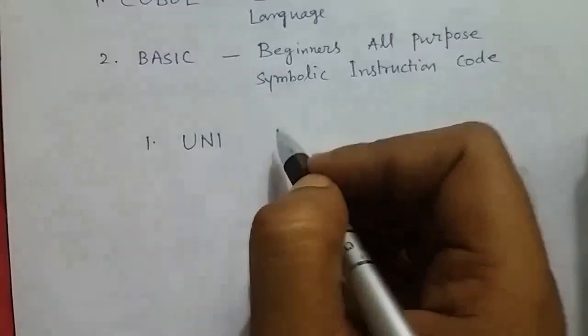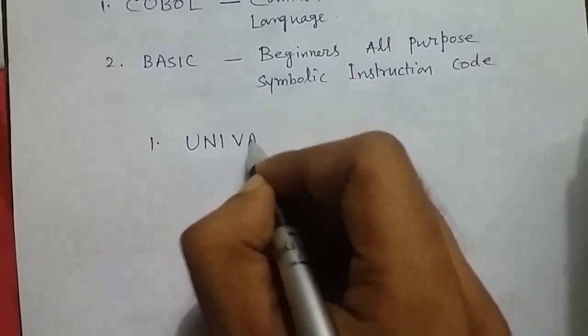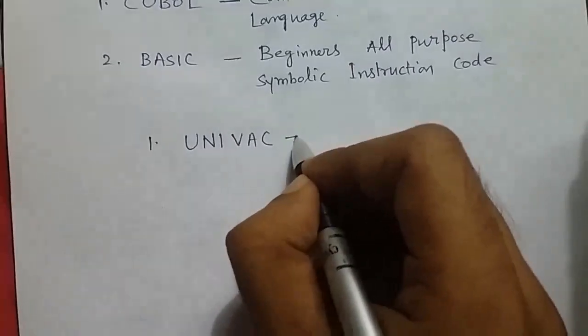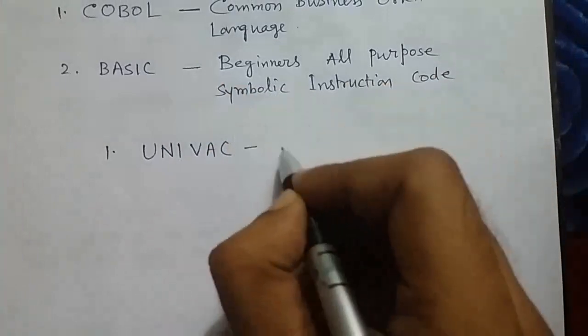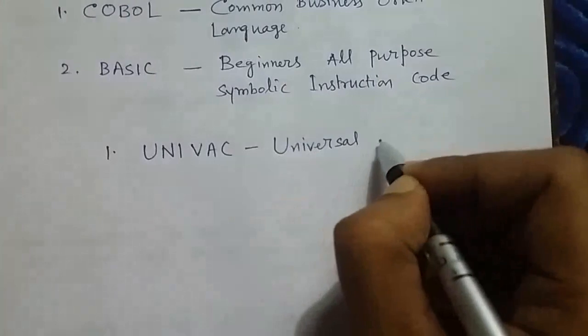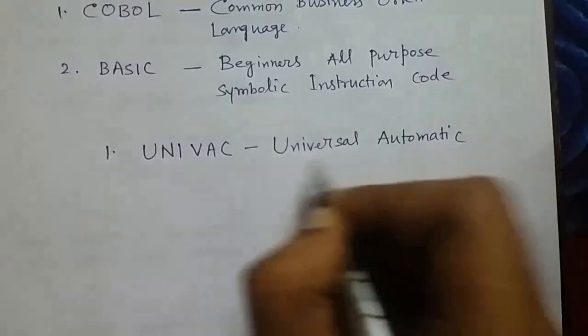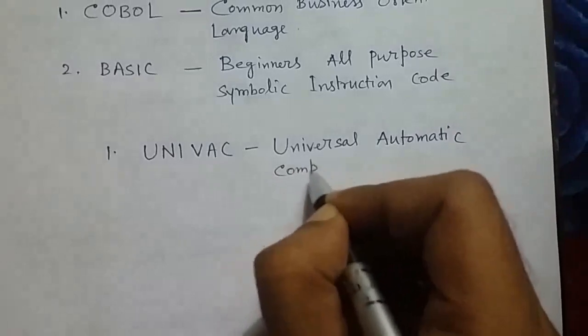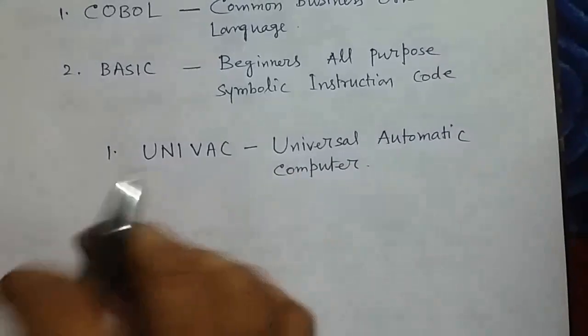Just like ENIAC in the first generation, UNIVAC in the second generation. This is also an abbreviation. The full form is Universal Automatic Computer.